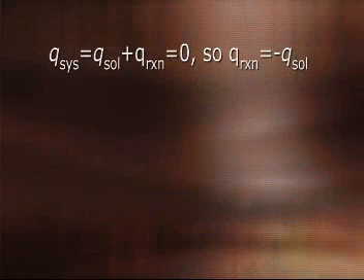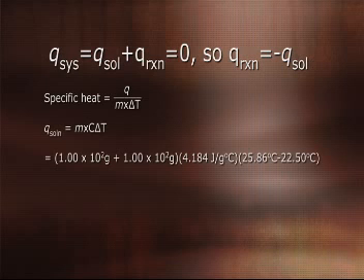If we assume that no heat has been lost to the surroundings of this system, we can use this equation. Q solution represents the heat that is absorbed by the combined solution. Since the density of the solution is 1.00 grams per milliliter, the mass of 100 milliliters of solution is 100 grams.